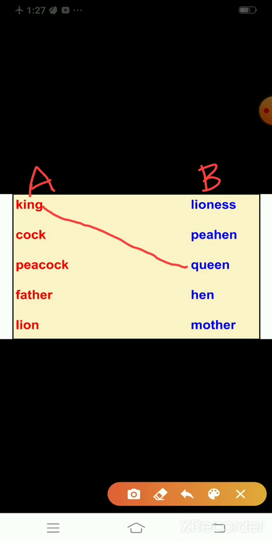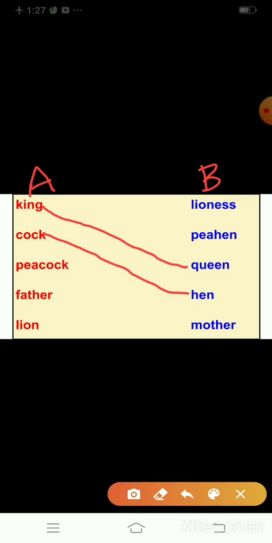Okay, let's see the next word in the A column. Cock. So what will be the feminine gender, children? Cock, hen. Correct. Cock, hen.